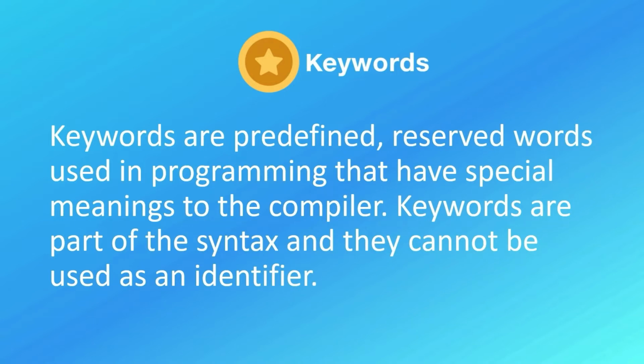That means it has a meaning for the compiler. If you put that keyword inside your program, then the compiler will understand what you are trying to do in your code. And also, this should be a unique keyword. That means you cannot use this as an identifier in your program.